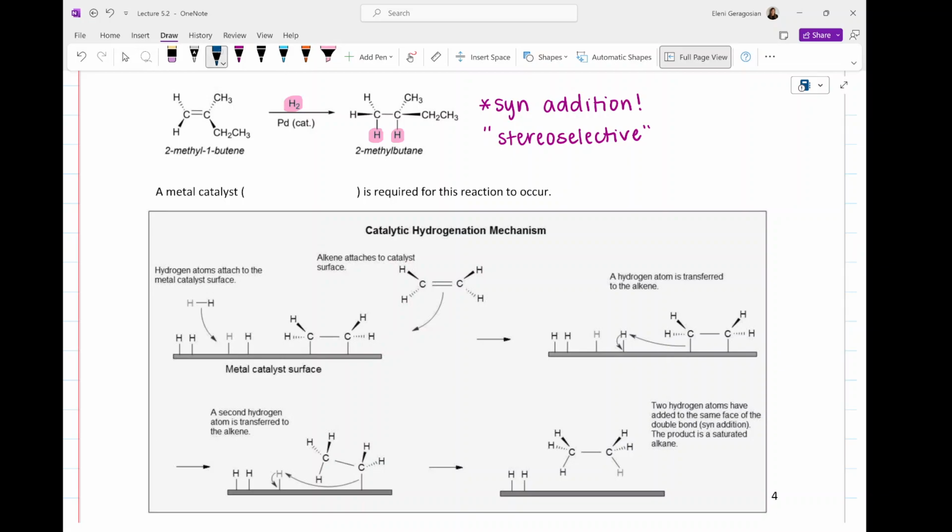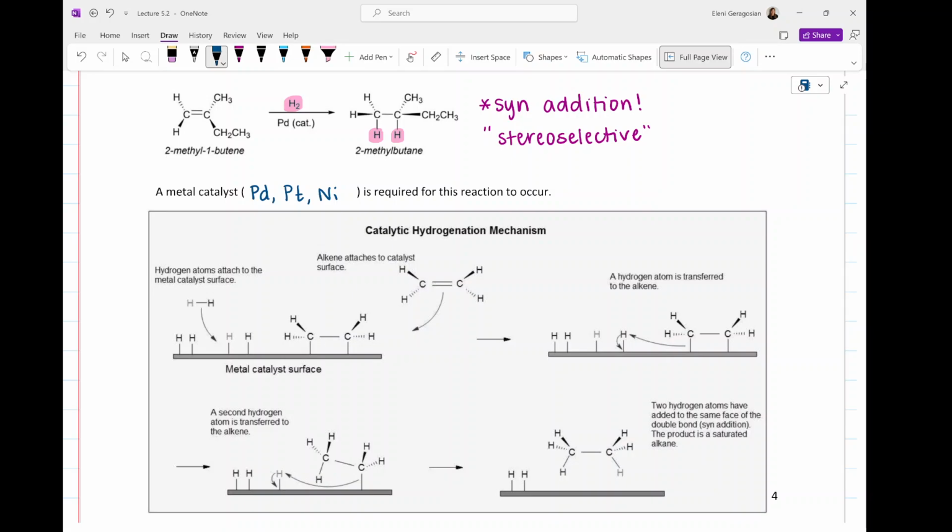The catalysts are palladium, as you see here, platinum, and nickel. One of the three can be used to add hydrogen to an alkene or an alkyne.